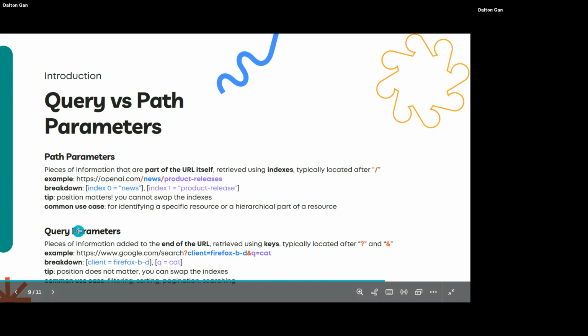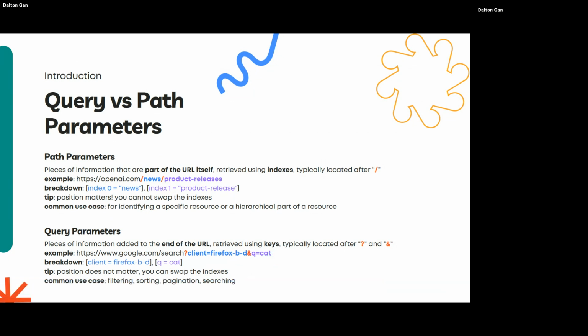Whereas compared to query parameters, if you search cat on Google now, you will receive something like this. You will see that if you type cat, you have this question mark, client equals Firefox, I'm using Firefox. And q equals cat means query is equal to cat. This tells Google, the search engine, that you're looking for cat.